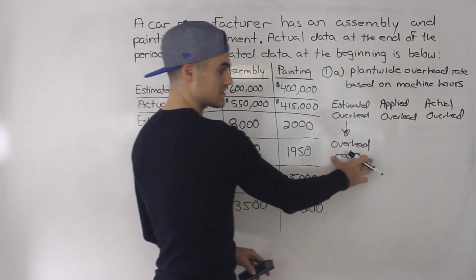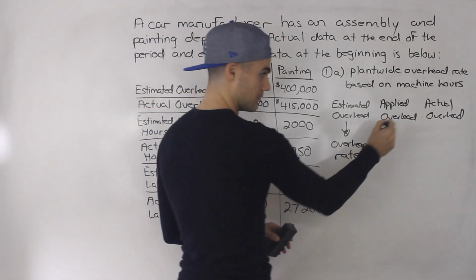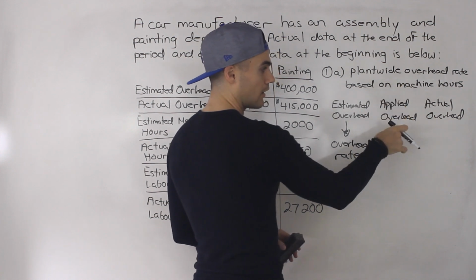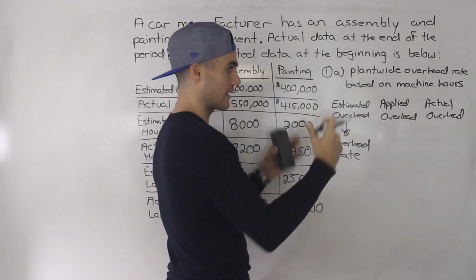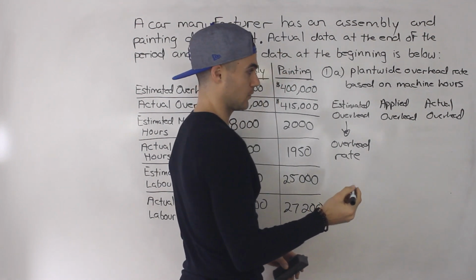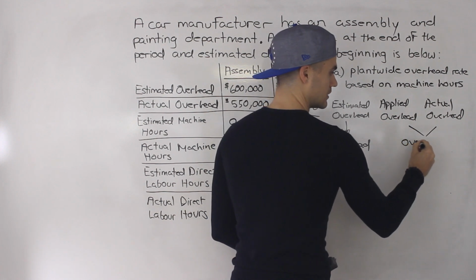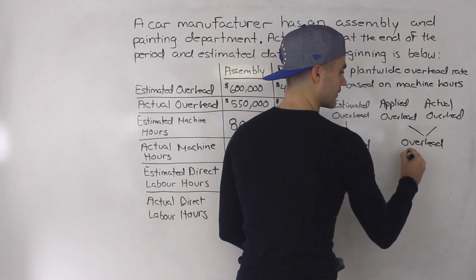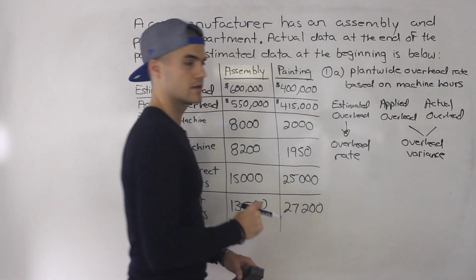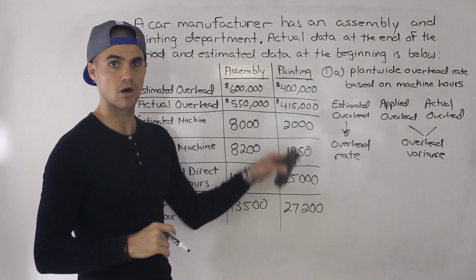Then we multiply that overhead rate by the actual amount of the cost driver to get our applied overhead in total. The actual overhead is usually given in the question. And then we compare these two to get the overhead variance. So just from a high level, I thought I would mention the difference between all 3.